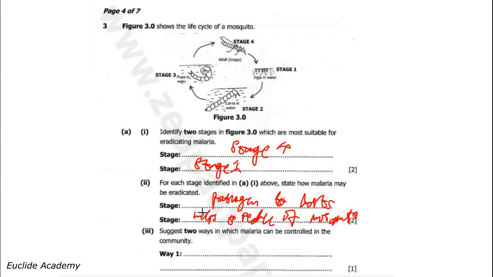So, 2 ways in which malaria can be controlled in the community. Okay, we can basically talk about the same options we've mentioned again. It's just a way of phrasing them. I'll just mention something a bit different. So way number 1, I can say wearing clothes that cover the whole body, or most of the body.